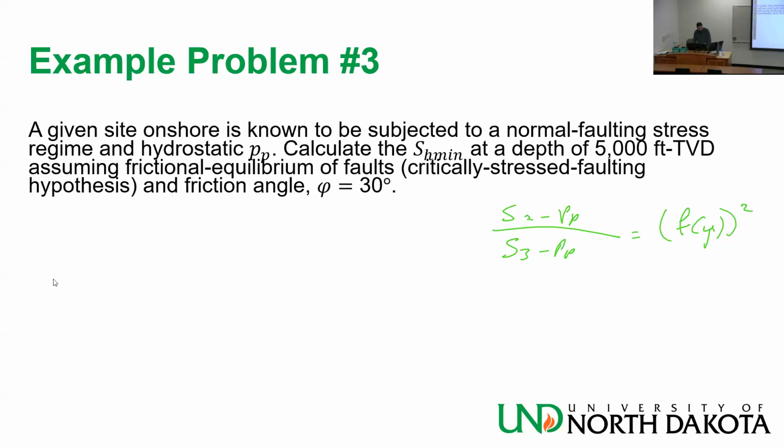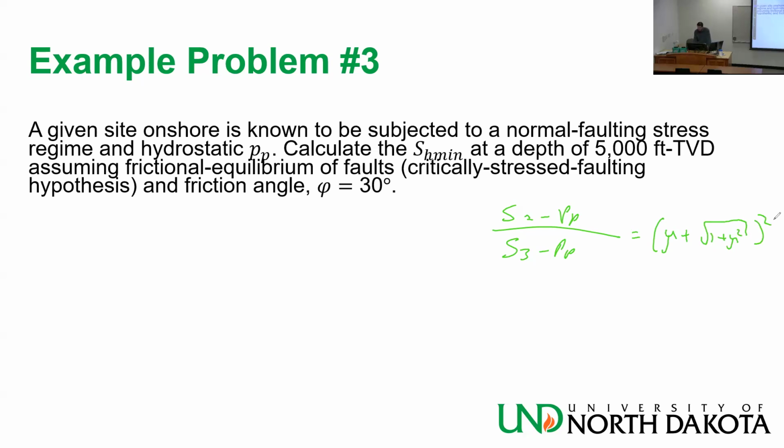Let me mathematically write it better. This is, what was it? Mu plus square root of 1 plus mu squared, something like that. Okay. So I have three unknowns.